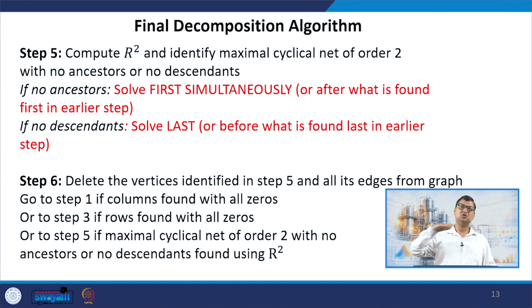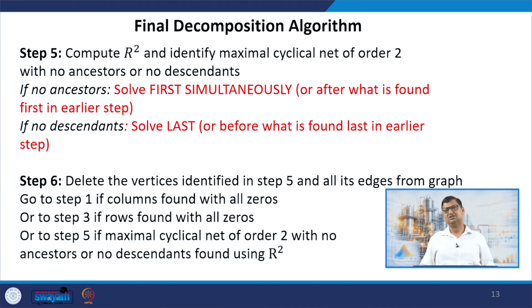And then we look also along the rows to figure out if this cyclical net has any descendants. If there are no ancestors, then we solve them first. If there are no descendants, then we solve them last. But what is important is that the equations for these two vertices forming the cyclical net have to be done simultaneously. Again, we delete the vertices identified here.